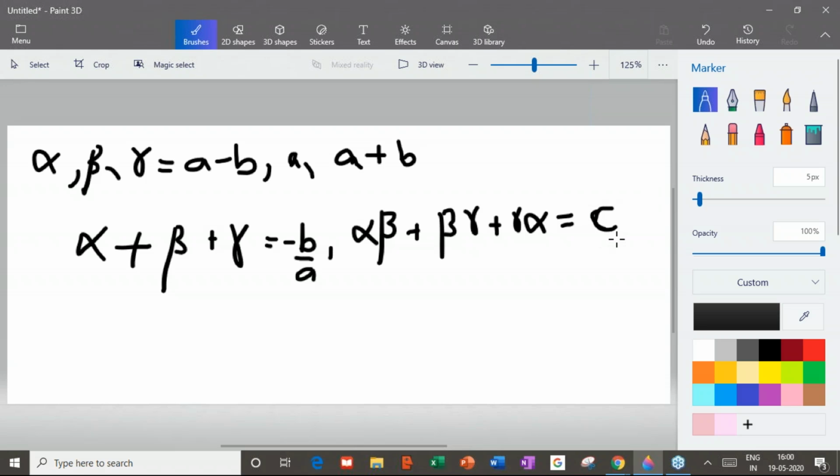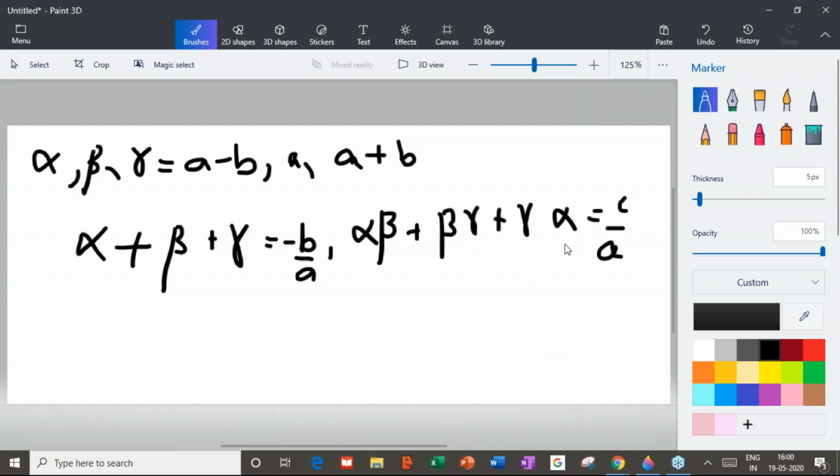Sorry, c by a. Okay, Rudra, I have written two identities or two properties on the screen. Just try solving with the help of that.